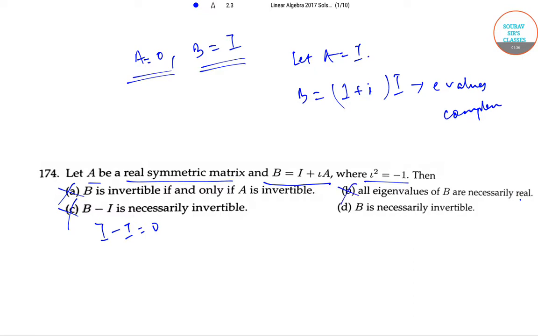So option B is again incorrect. Therefore option D is the correct answer. You could also say this because all the eigenvalues of A are real, being real symmetric, and thus the eigenvalues of B are 1 plus i lambda, which is not equal to 0 for any real lambda. So B is necessarily invertible.